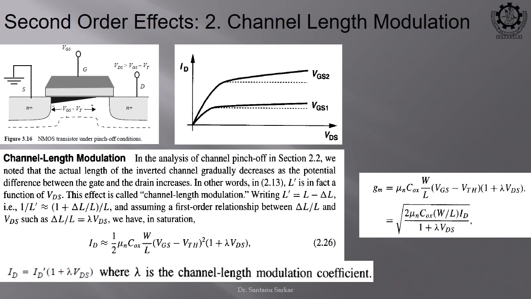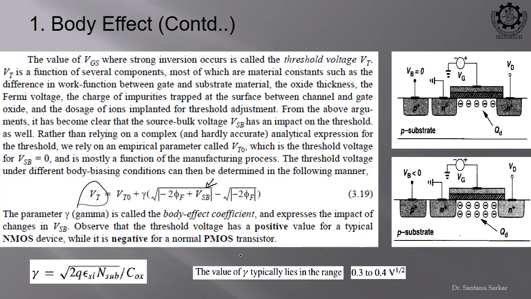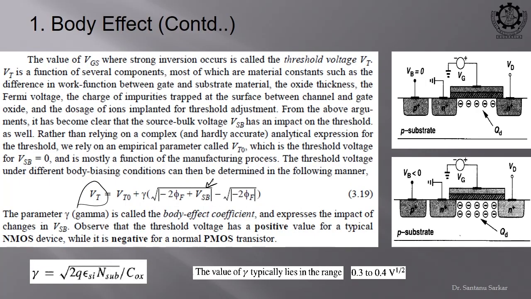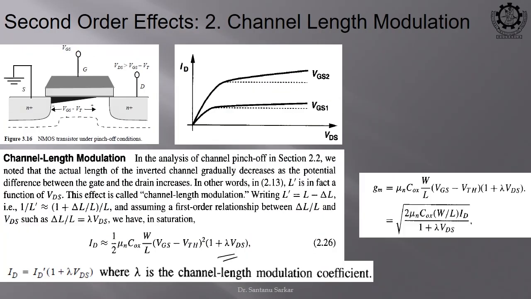This channel length modulation we already discussed, so we do not need to discuss this. And this body effect, how to model? Generally, we model GM like this, GM into VGS, right.